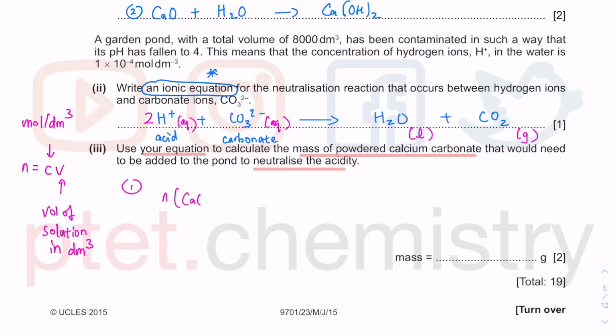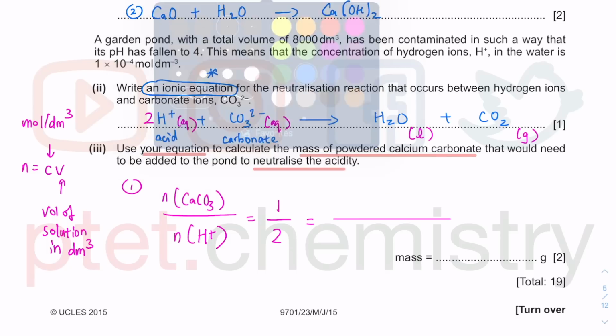So we want mole of calcium carbonate. 1 calcium carbonate will give you 1 CO3 2-, and this is relative to the H+. So 1 of the calcium carbonate reacts with 2 of the H+. On the right hand side, we want the mass of the calcium carbonate. If we want the mass, it's important that we have the Mr of the calcium carbonate.